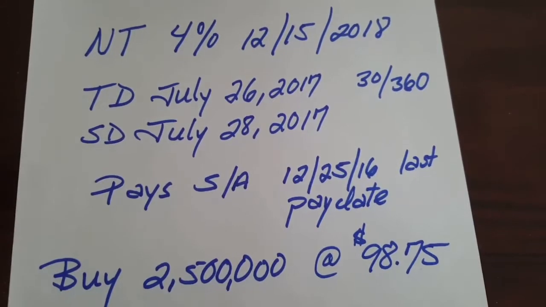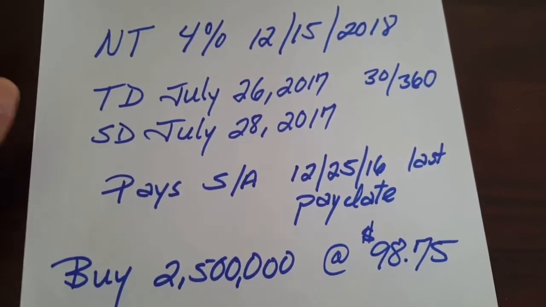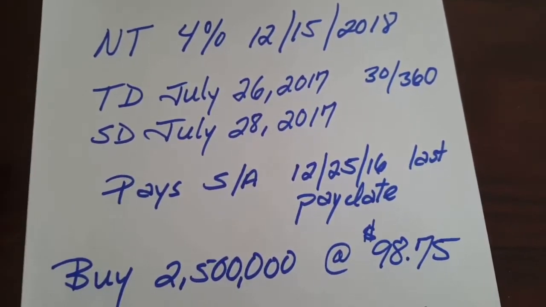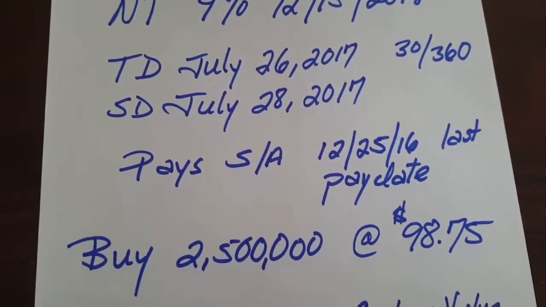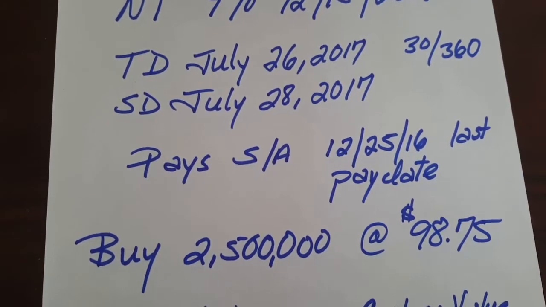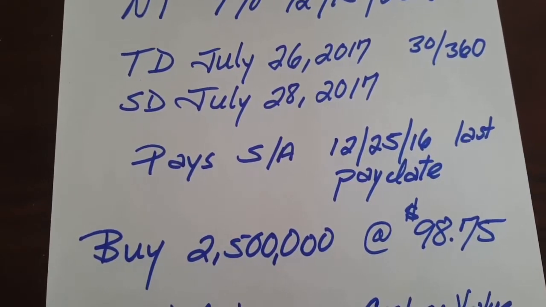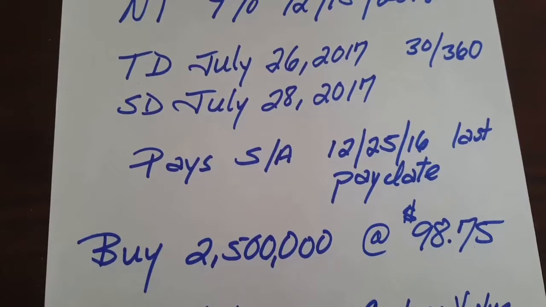Because not only am I going to pay the previous holder the value of that bond at that point in time, but I'm also going to give them any income that they would have earned from the last time that bond paid through settlement date minus 1.